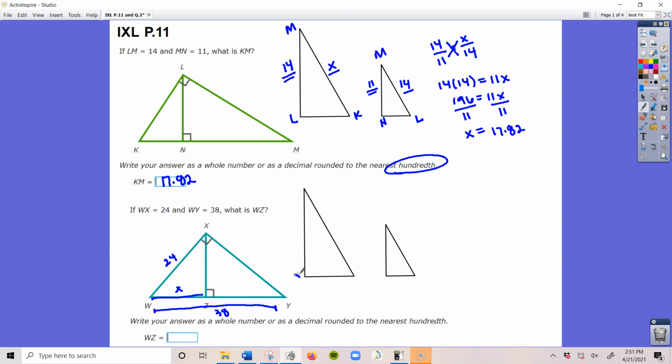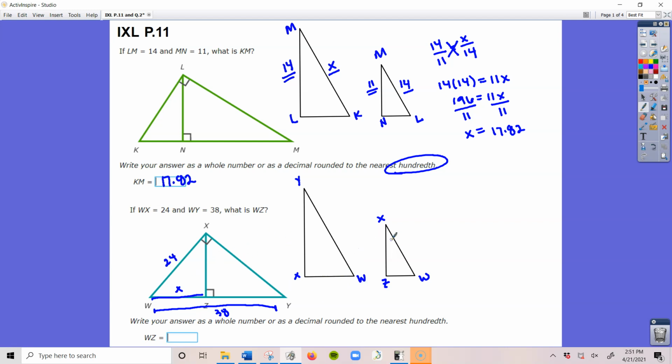So the X is the 90 degrees, the Y is the top here, and the W is this corner. Then since we're trying to find WZ, that's this triangle. So now I'm going to draw out this triangle. The Z is at the 90 degrees, the W is next to it, and then the X is at the top.